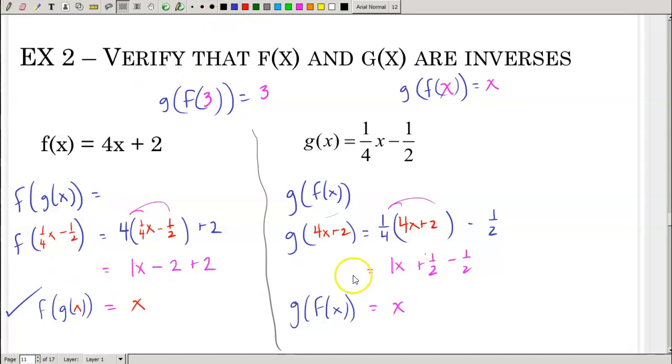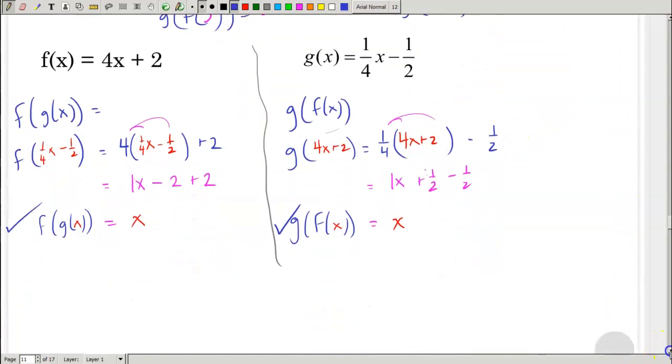And it doesn't matter which way you go. So if I do g of x first and then plug it into f, or if I do f first and plug it into g, I'm starting with x and I'm ending with x. And so because those two conditions are true, you just proved that these two things are definitely inverses. And so that's one way to do it.